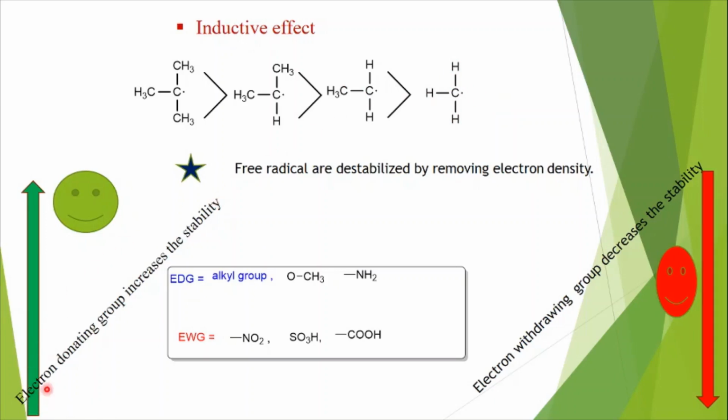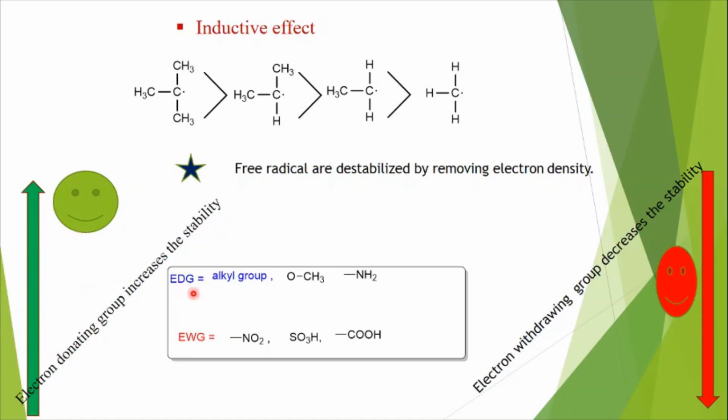So if electron donating groups increase, it increases the stability of a radical, or you can say that it minimizes the electron deficiency of that carbon by donating electrons.